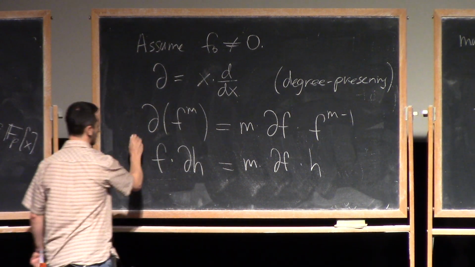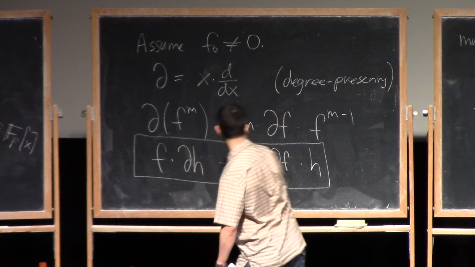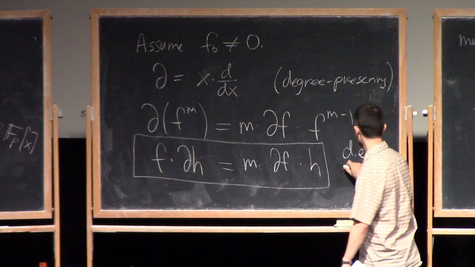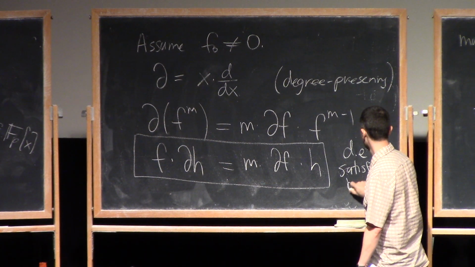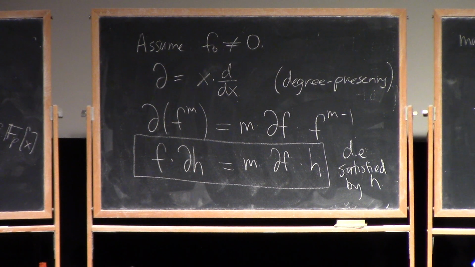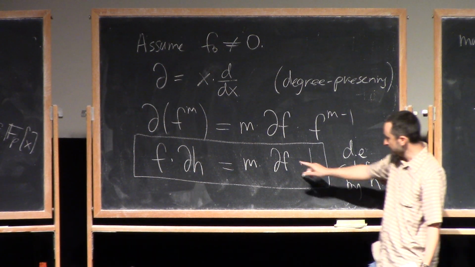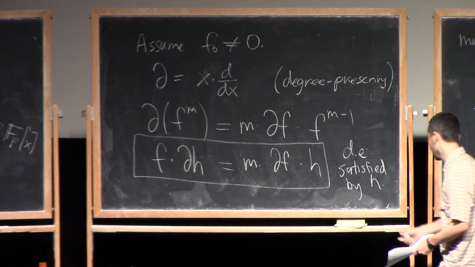This is a differential equation satisfied by h. So we're thinking here of f as being fixed and m is fixed, and this is some equation satisfied by h.